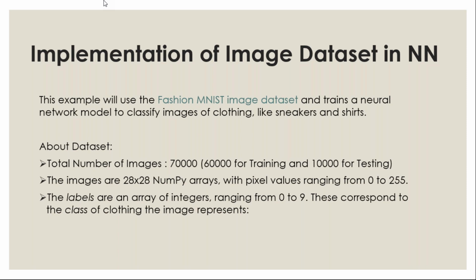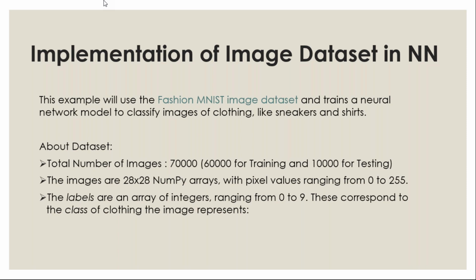Then you will discuss what a convolution neural network is, what its principle is, and how you apply an image data set in a convolution neural network. Then you will compare the convolution neural network with your traditional neural network: what the difference is and how the accuracy is increased in the convolution neural network. These are the topics for today.